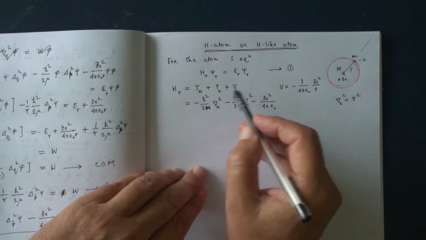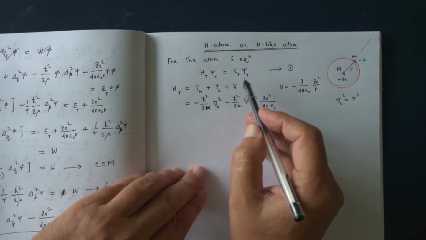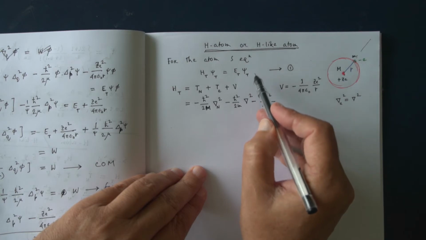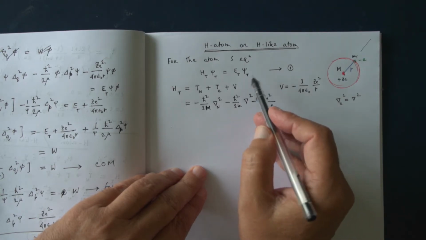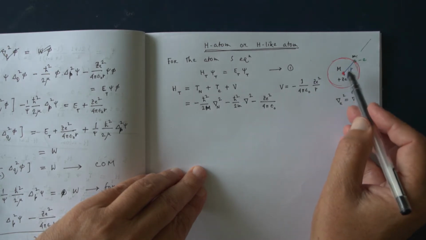But that is not correct. Why is that not correct? We can divide this equation into two parts only when there is no interaction between the two particles.